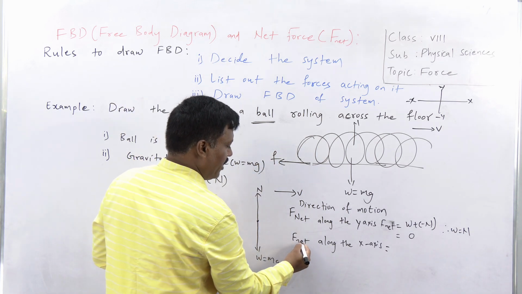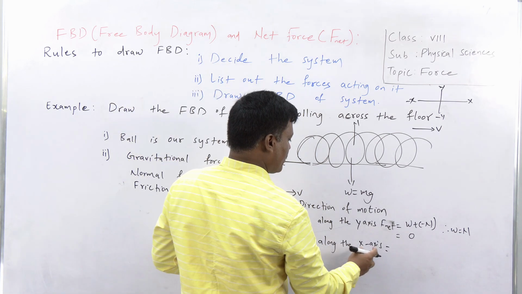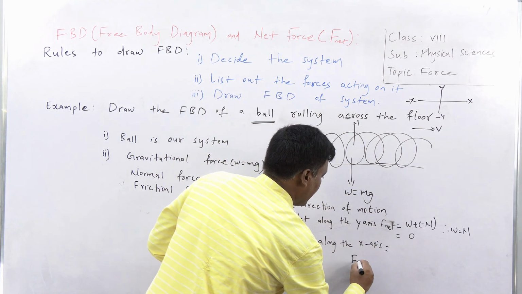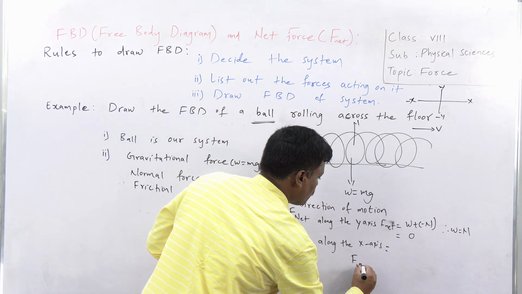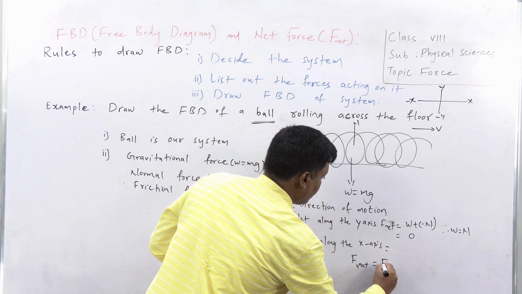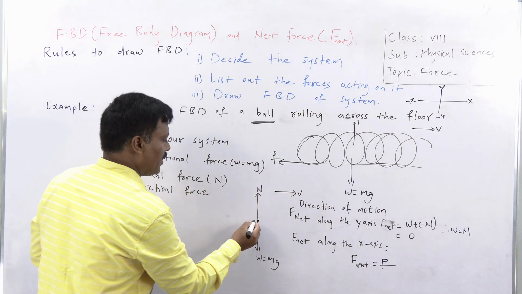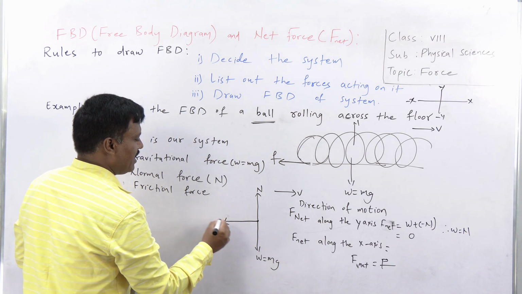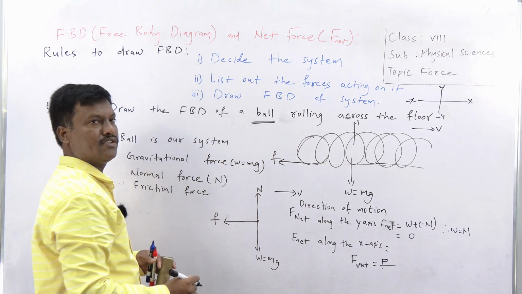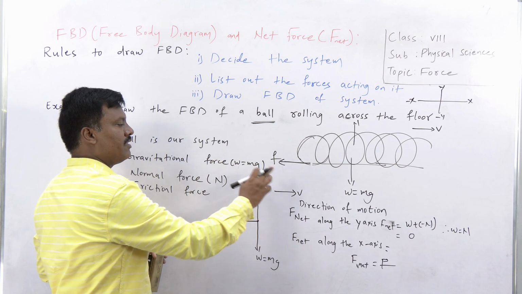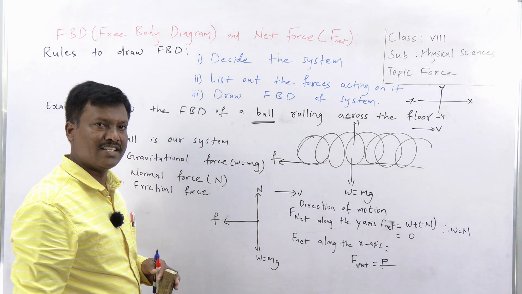So F net along the x-axis horizontally is equal to only one force. That is what? Frictional force. So frictional force is generally denoted by small f. So here what is the other force acting on this body? Frictional force. You see the direction of the frictional force, this is opposite to the direction of motion, isn't it?